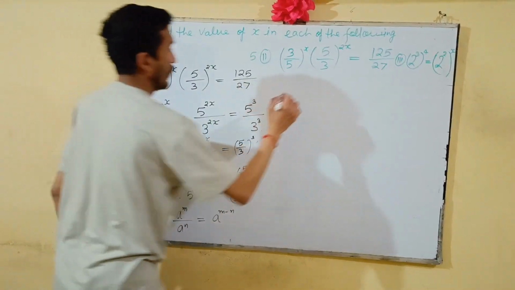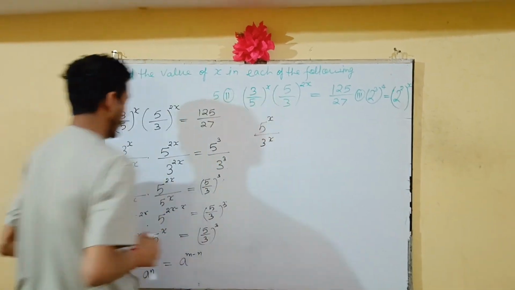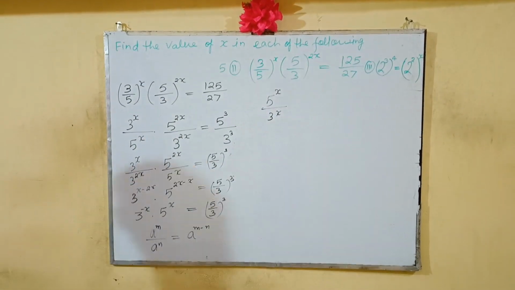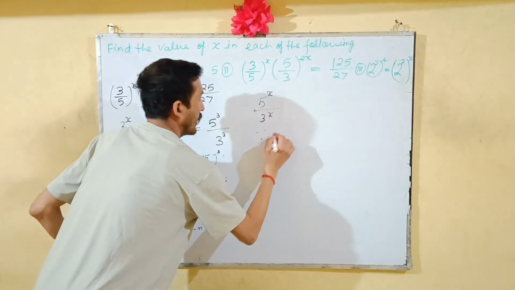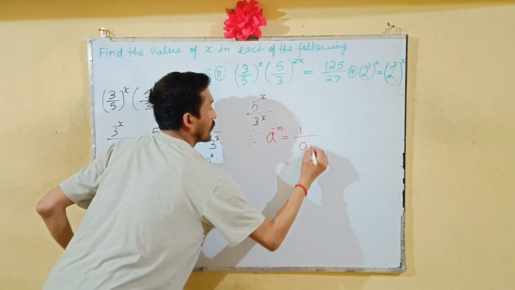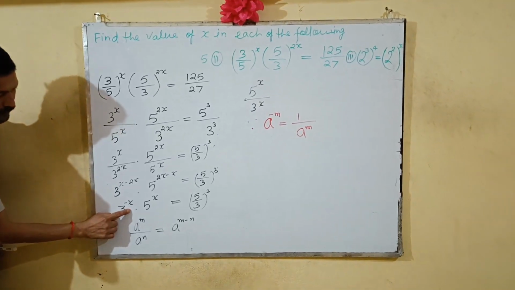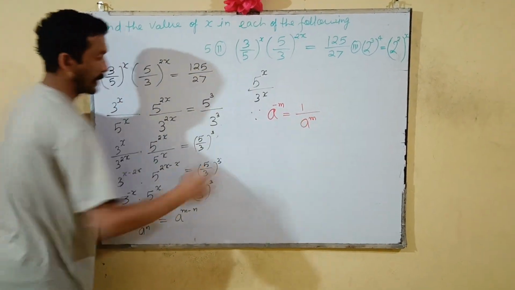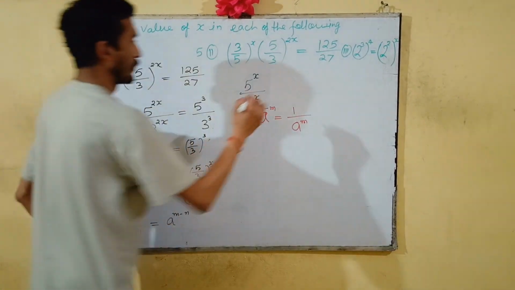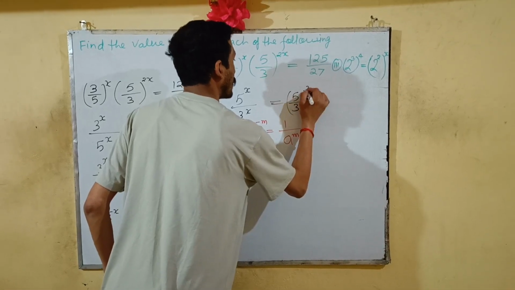Now 5 to the power x upon 3 to the power x, by which rule? Simple: a to the power minus m equals 1 upon a to the power m. Here a to the power minus m equals 1 upon a to the power m, equals how much? 5 upon 3. It's the cube.